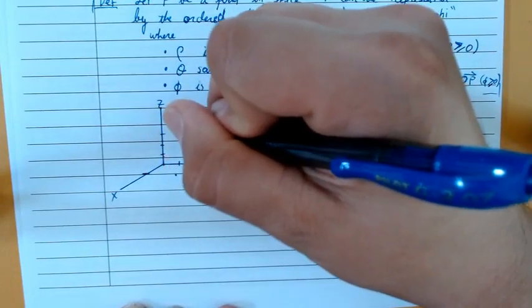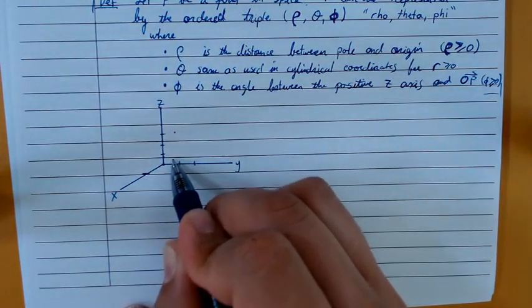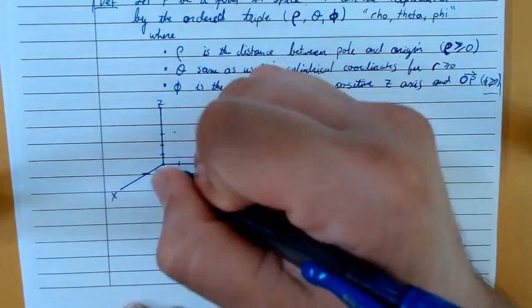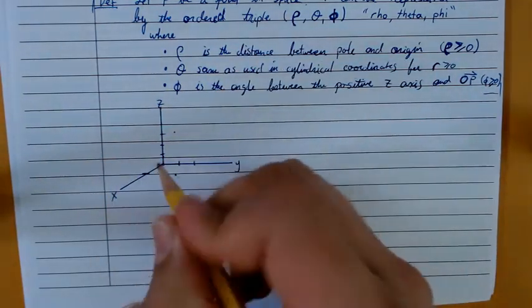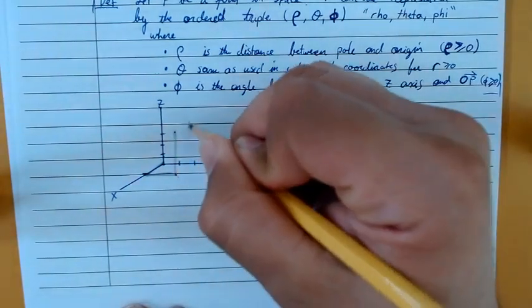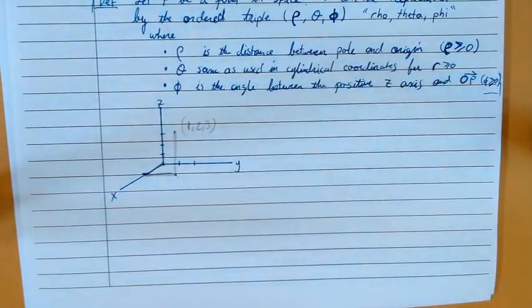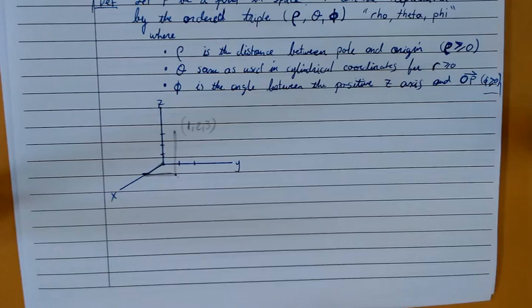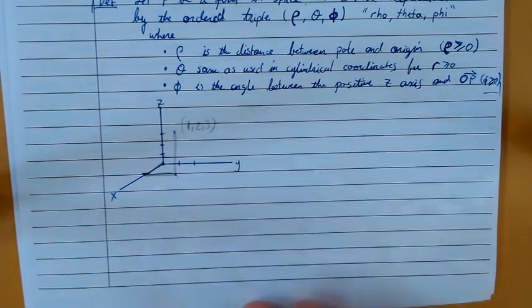So something like that. Now, another way of getting there is, as we saw before, using basically polar coordinates to get me right under my point and then coming straight up.